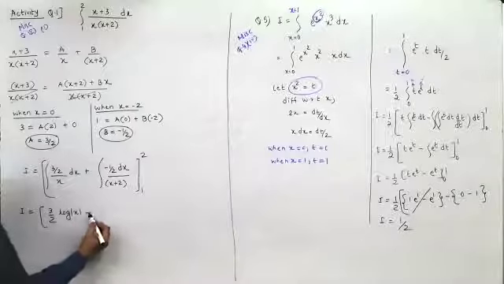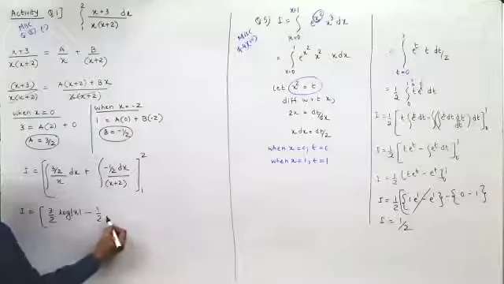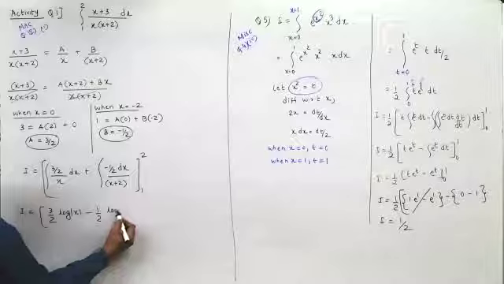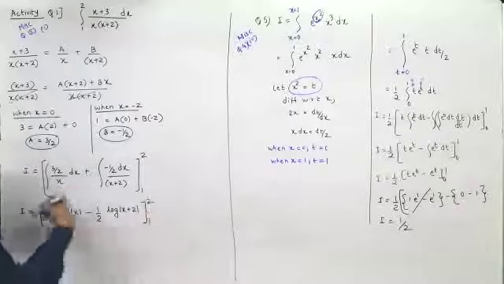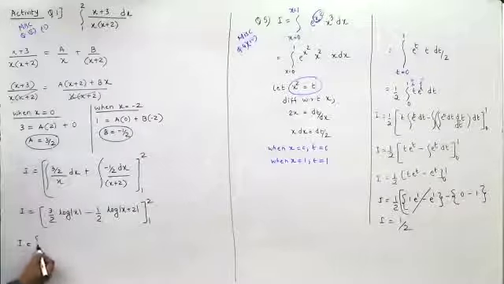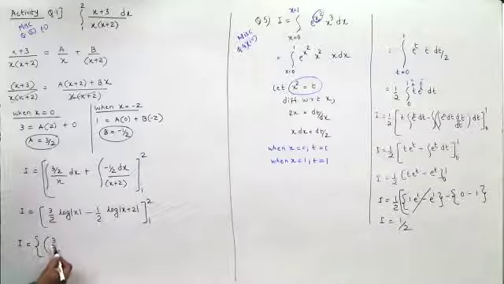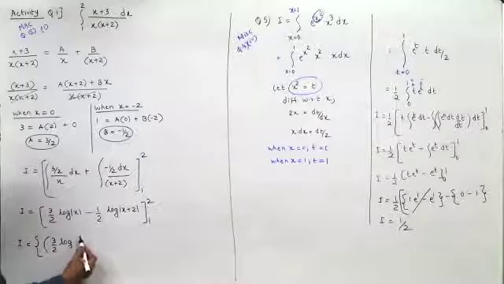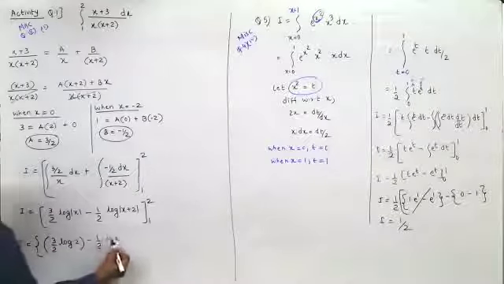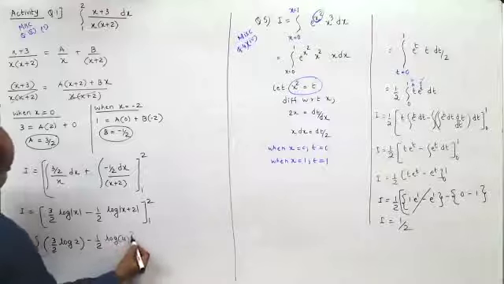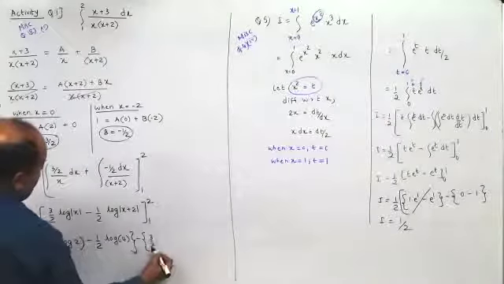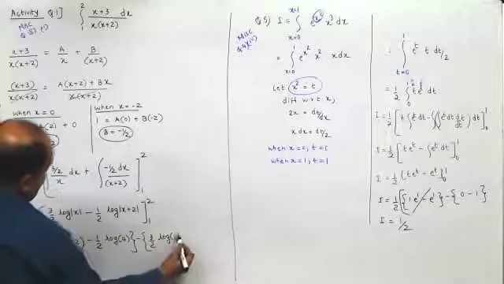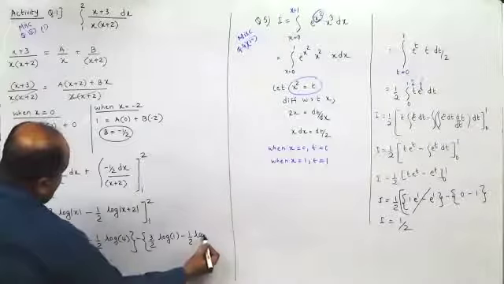Then I'll take minus half out, integration of 1 upon x plus 2 is log of x plus 2, between 1 and 2. Now, substitute the upper limit, you will get 3 by 2 log 2 minus 1 by 2 log 4. Here minus of, I'll substitute the lower limit, I'll get 3 by 2 log 1 minus half log 1 plus 2.